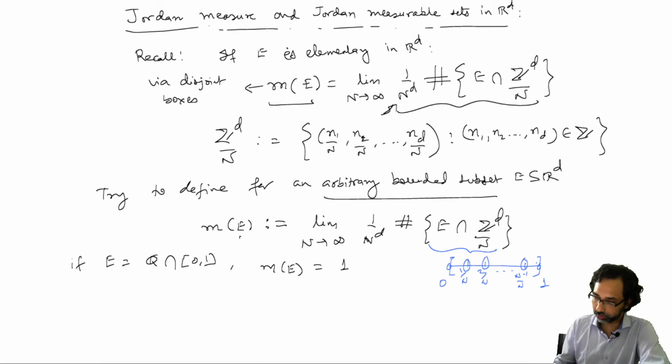So you will have in total n plus 1 points, and then you divide by n, so you will just have 1 plus 1 over n, and when you take the limit as n goes to infinity you will just get 1. So the measure of this set E, which is the rationals in 0, 1, is simply 1.